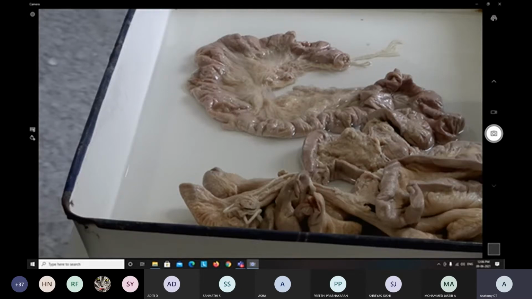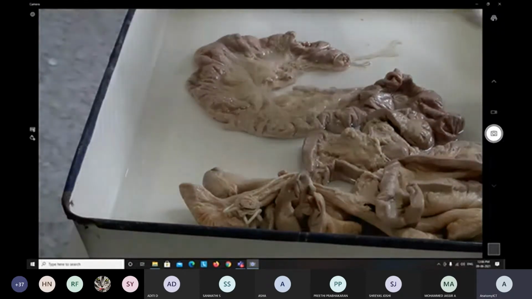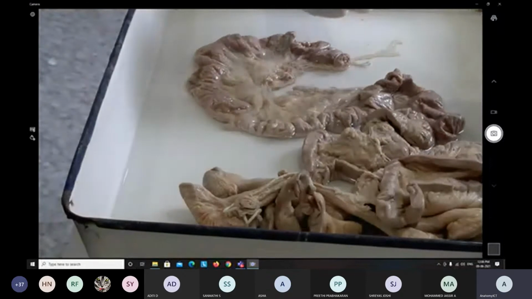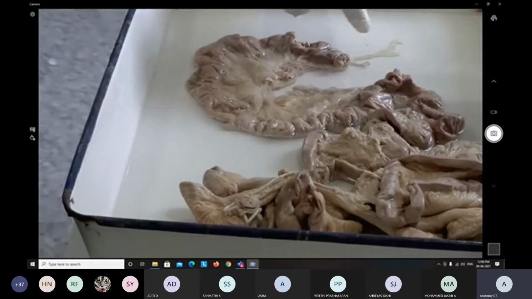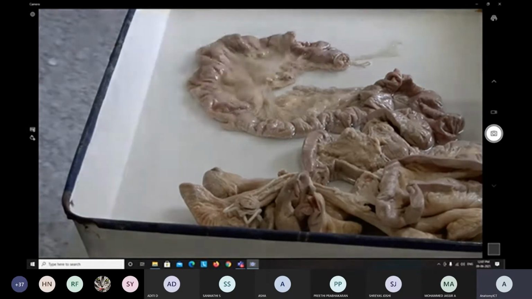Over these villi, there are again microvilli. The villi and microvilli increase the surface area, which may increase the space four to five times during the process of digestion and absorption.